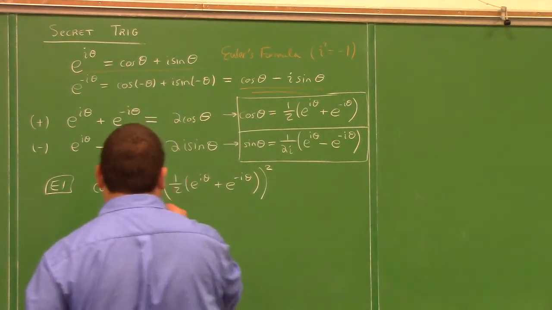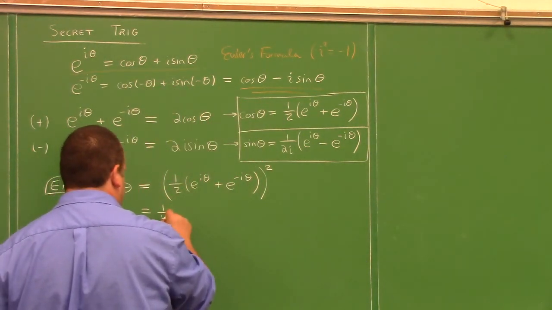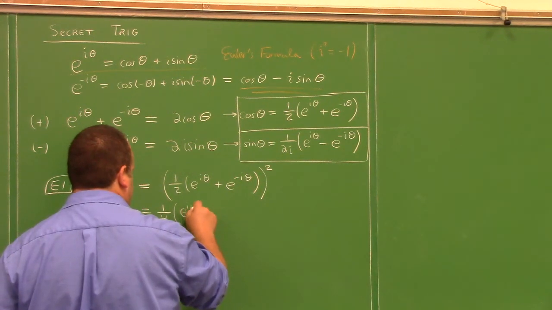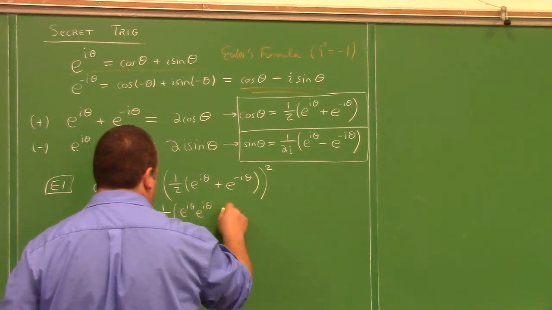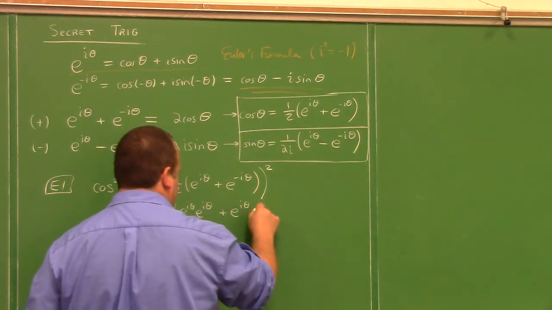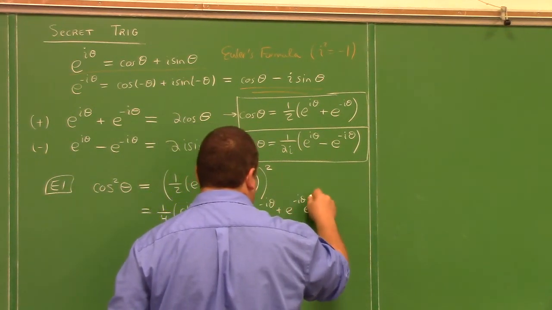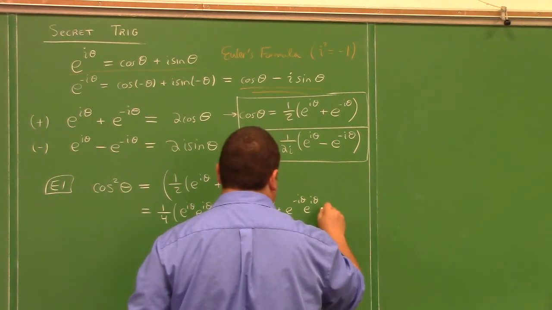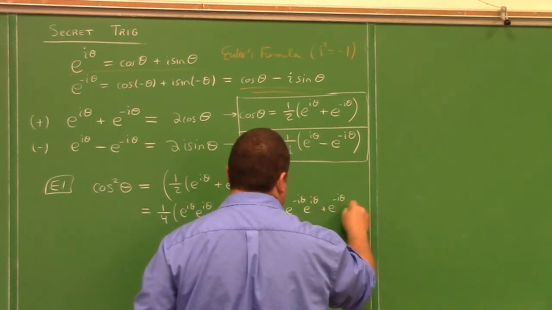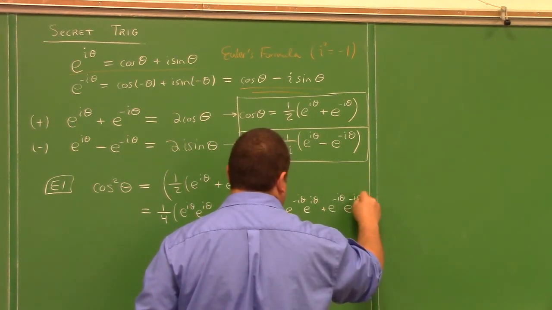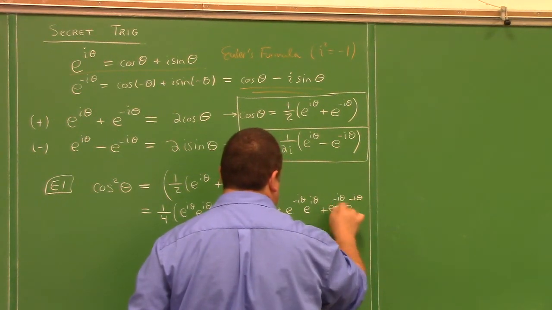So I'll write it out. This is 1/4, and have e to the i theta times e to the i theta, plus e to the i theta times e to the minus i theta, plus e to the minus i theta times e to the i theta, plus e to the minus i theta times e to the minus i theta. I wrote it all out in glorious detail. There you go.